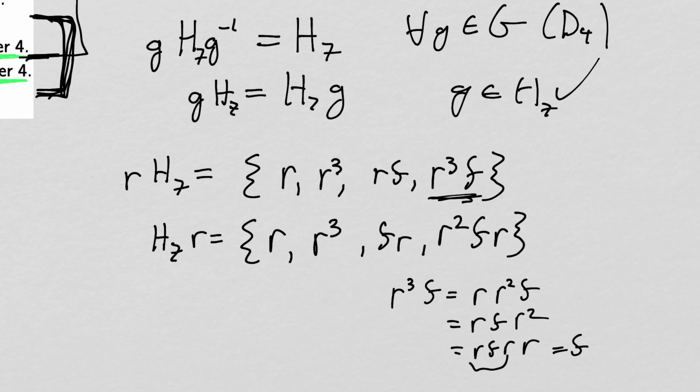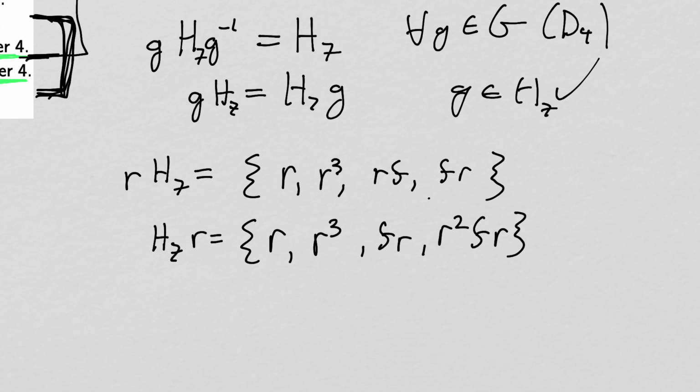So this guy is F R. So I can just erase this and write F R. And it doesn't take much to see that by similar analysis, this becomes R F here, right? The point being, though, that this set and this set are the same.